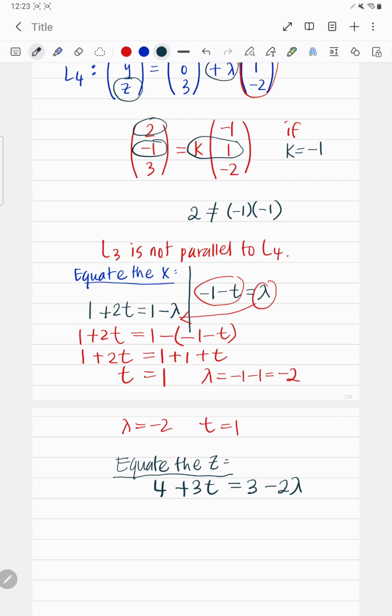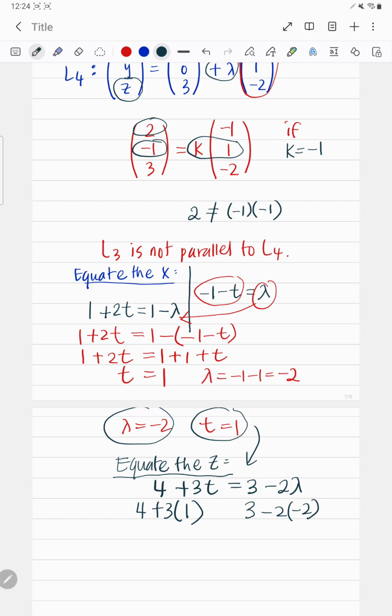If line 3 intersects with line 4, when we substitute t equals 1 and lambda equals negative 2 into this equation, the equation will be valid, meaning left hand side equals right hand side. So 4 plus 3 times 1, and right hand side is 3 minus 2 times negative 2.